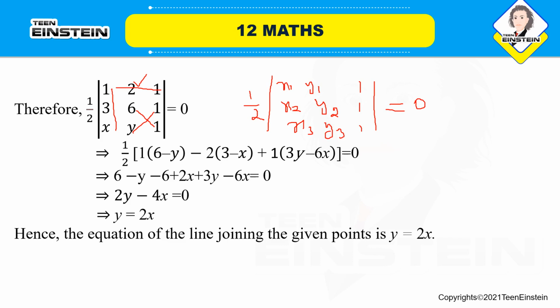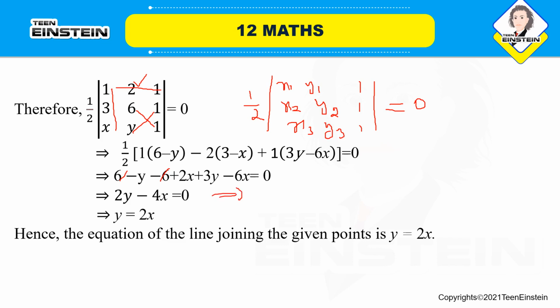Now simplify this. 1 into 6 minus y is 6 minus y. Minus 2 into 3 is minus 6. Minus 2 into minus x is plus 2x. This is plus 1 into 3y minus 6x. So we can cancel plus 6 and minus 6. Now 3y minus y is 2y. And minus 6x plus 2x is minus 4x equal to 0.